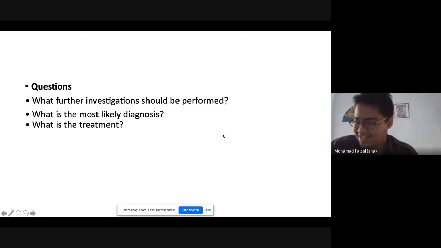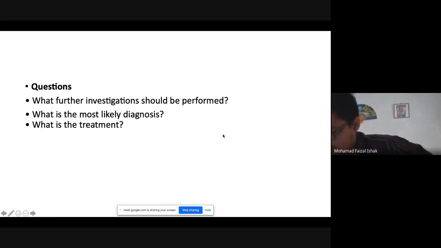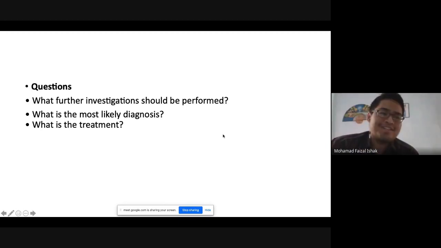And then we can do a liver function test as a baseline, or to detect any liver abnormality which can cause bleeding. And then we can do a kidney ultrasound as well. Okay.